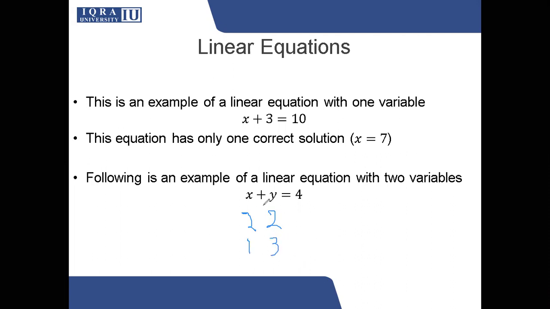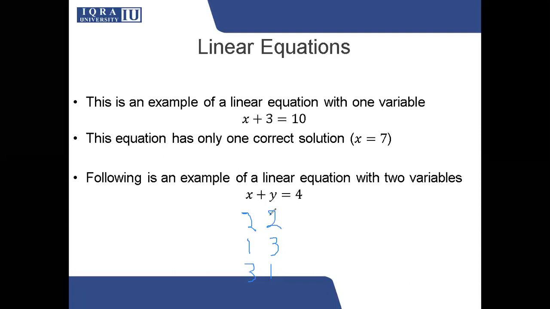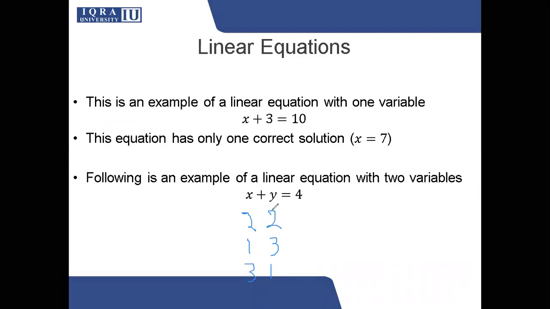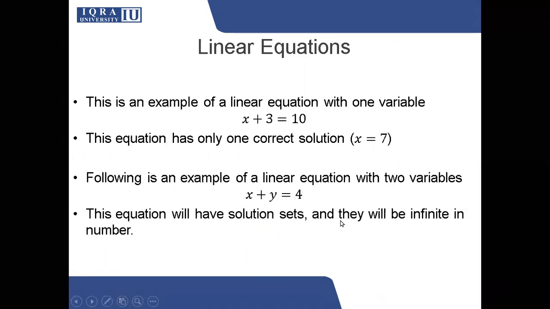This also makes sense because 1 plus 3 is 4. Similarly, 3 and 1 is another solution set. 0 and 4, 4 and 0, 1.5 and 2.5. These are all examples of solution sets. And what I'm trying to demonstrate here is that these solution sets will be infinite in number, right?